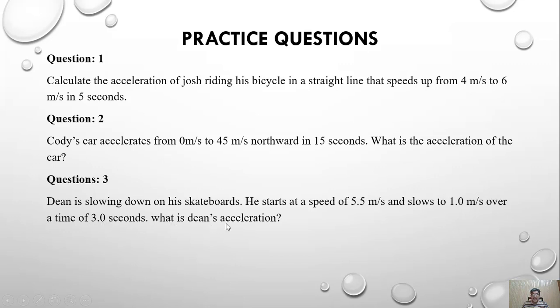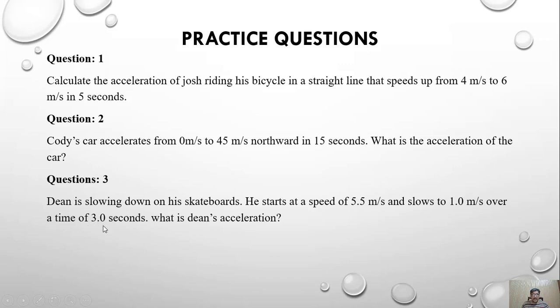What is Dean's acceleration? It is acceleration, but we name it deceleration because if you take the difference of vf and vi, or calculate the change in velocity, it will be negative.